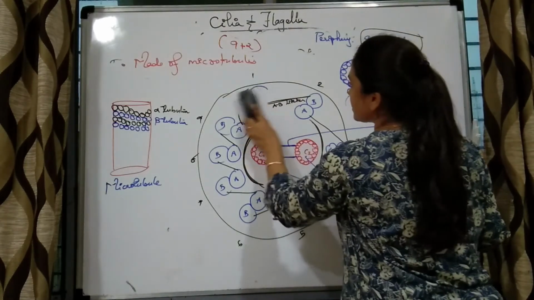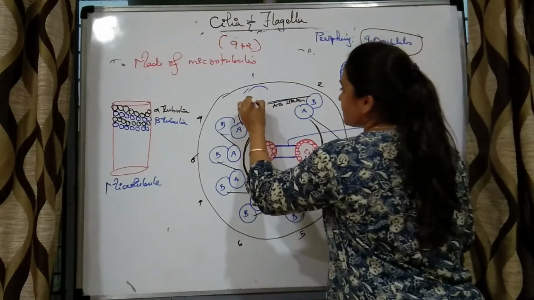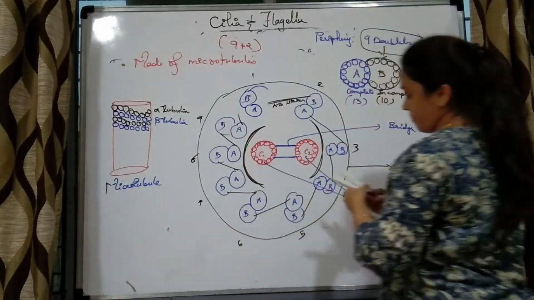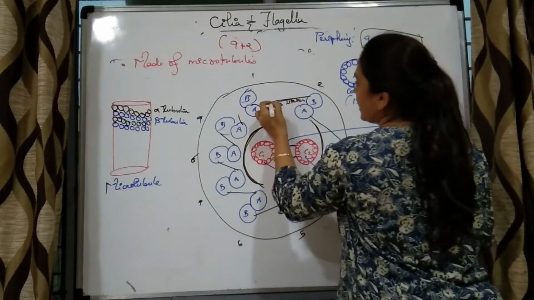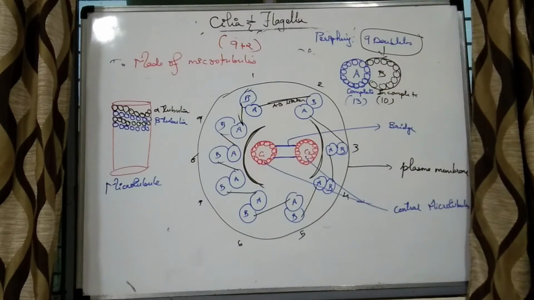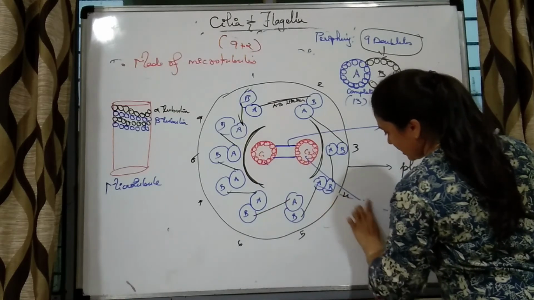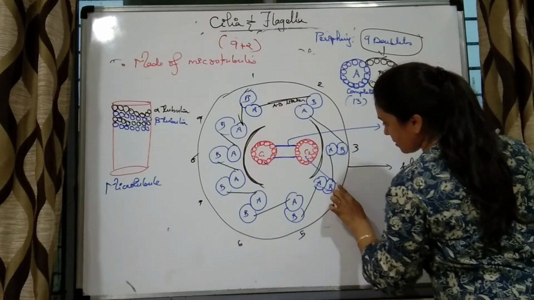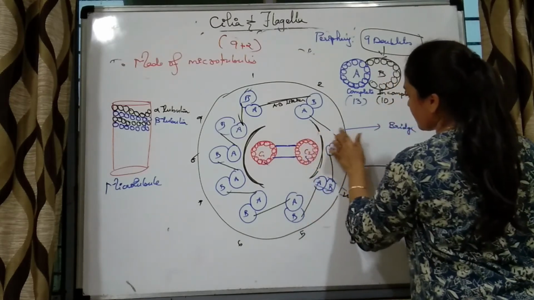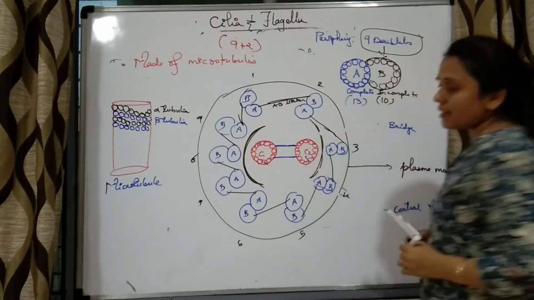Draw it like this. So this A is connected with this. This much is clear, students, so that the figure is clear.